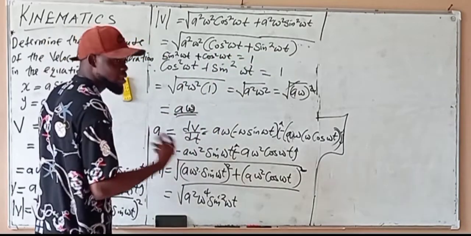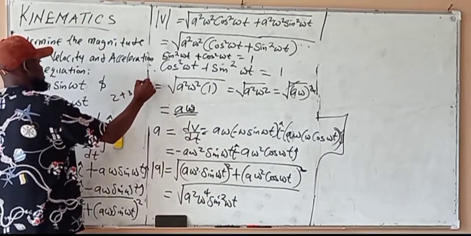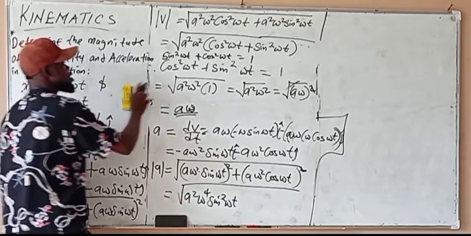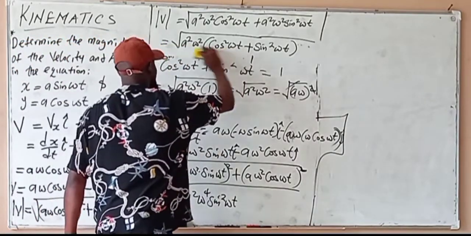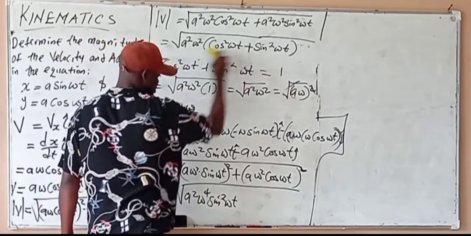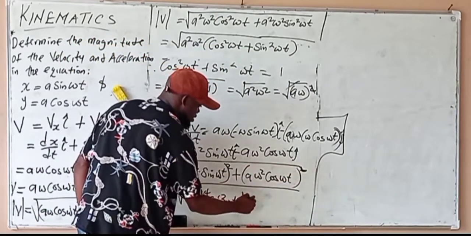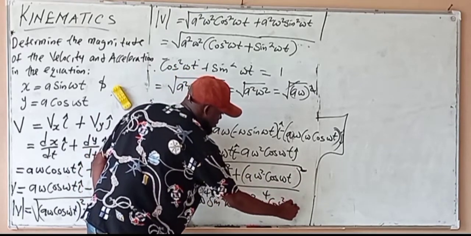Even though it's 2 plus 3, 5, or 3 plus 2 is 5, it's the same. So even though it's sin square times A to the 4 plus cos square, we still have 1. Take note of that. Very, very important. So plus everything here squared gives us A square, 2 times 2, 4, W square WT.